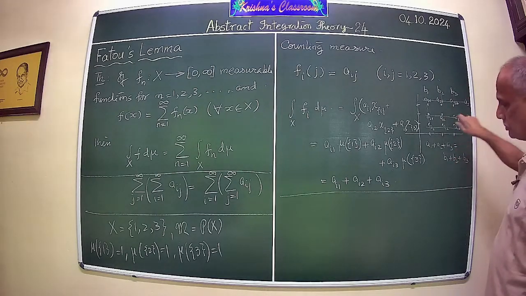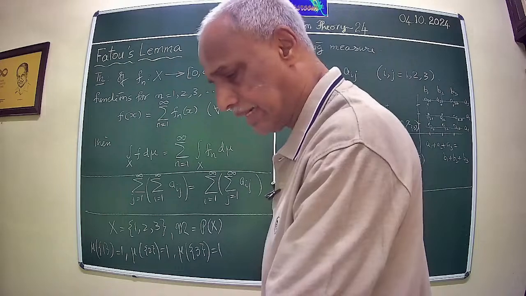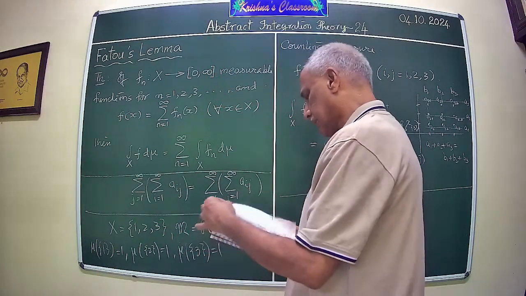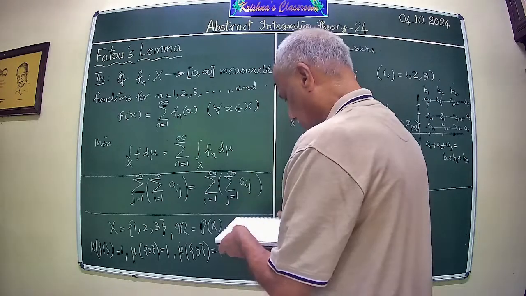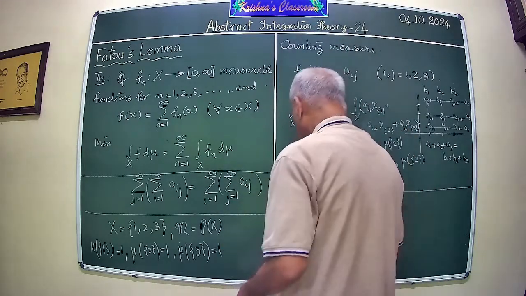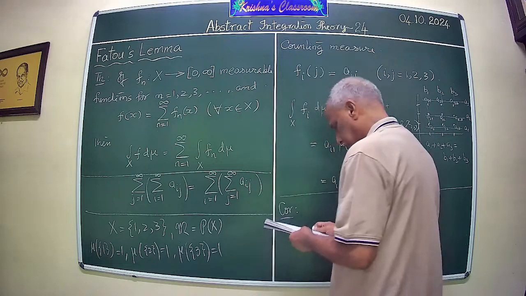Now I will come to what we want to assert. So we'll just write down the general result that we want to prove. The corollary to what we have proved is this.